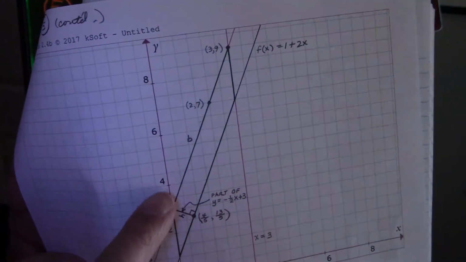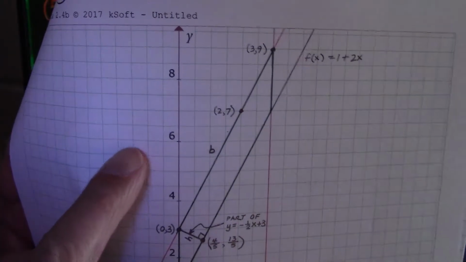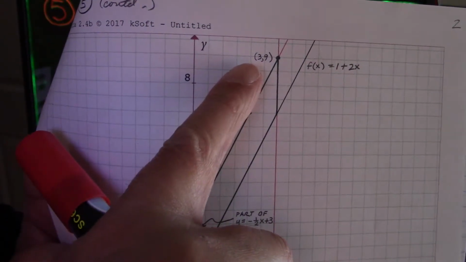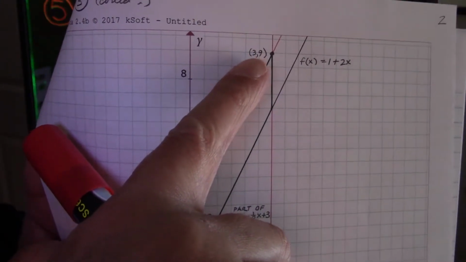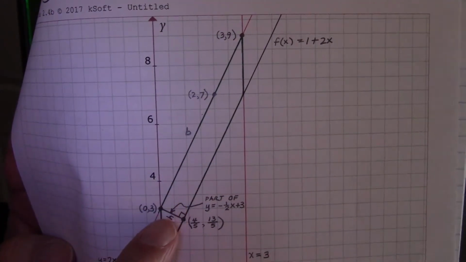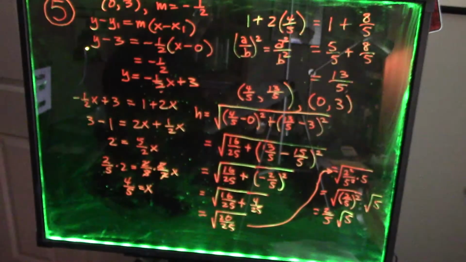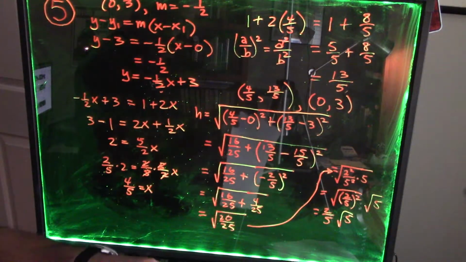It's good to keep that diagram around that you drew. See, there's your length b there. You've got to get that point there. We already know what that point is. The distance between those 2 points would be b.